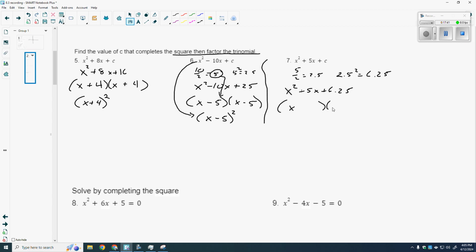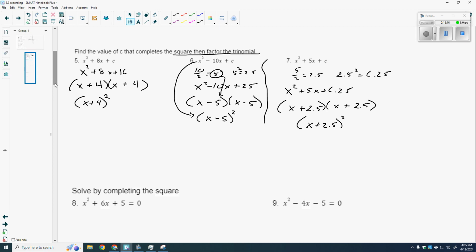That factors into x and x. So 2.5, the number I got when I divided by 2, is what goes here, and it's what goes over there, and it's what goes over here. If this is a plus, then both of these are plus. And I can write that as x plus 2.5 squared. And that is completing the square.